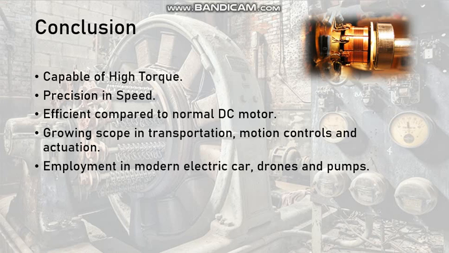But one factor or drawback is the cost of BLDC. They usually are expensive due to the technology used in them, but as time is passing, they are becoming more common and cheaper, and thus in the coming years, we may expect the role of BLDC to increase compared to now.